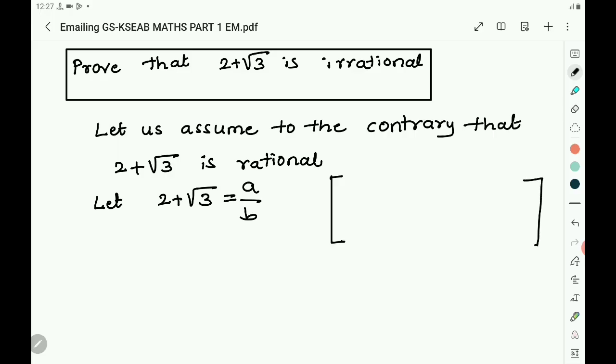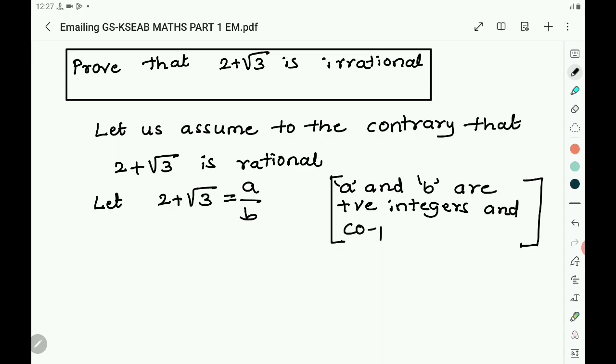A and b are positive integers and co-primes. Co-prime means their HCF is 1.